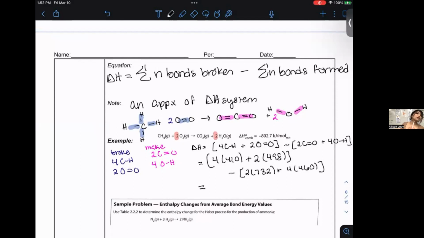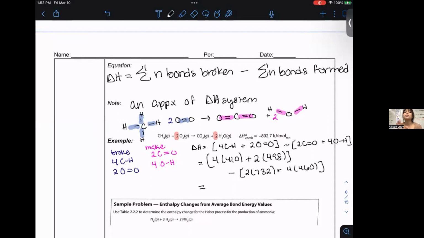Why exactly do we flip around the other one, but not this? Because if you think about it, you're trying to figure out if your enthalpy is negative or positive, right? Bonds broken, you're inputting energy, which is always a positive value for enthalpy, minus your bonds formed, which is always going to be a release of energy.